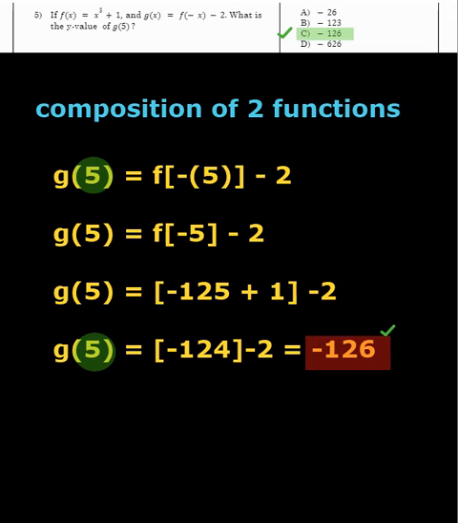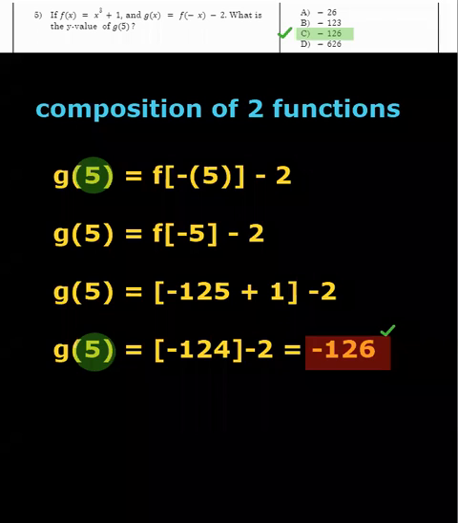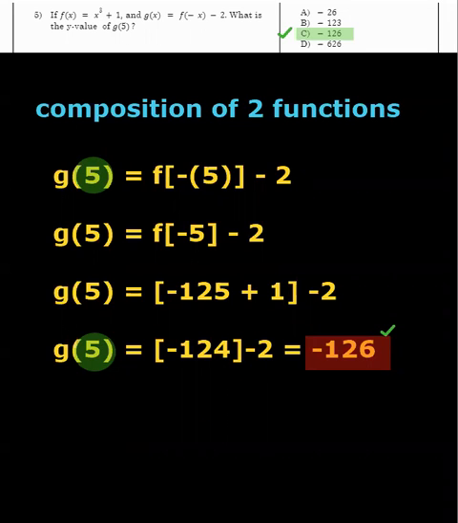So -5 times -5 times -5 is -125, plus 1 is -124, minus 2 is -126, and the correct answer was C, -126. So if you plug in x equals 5, it will map to -126 for composition function g of x.